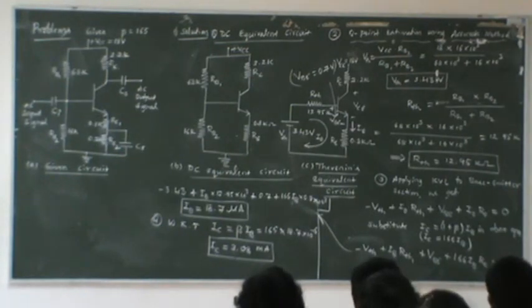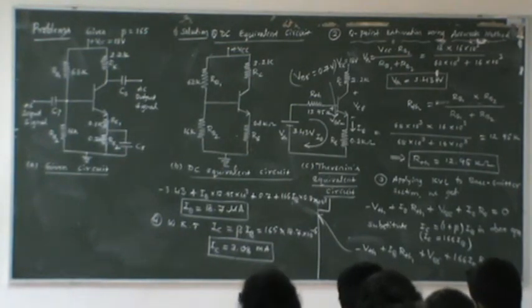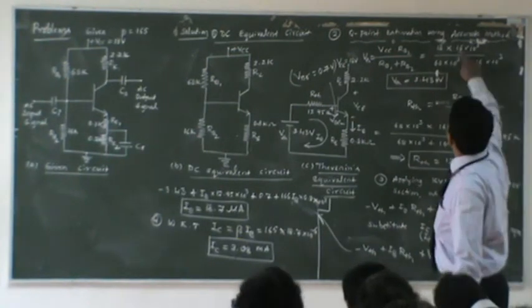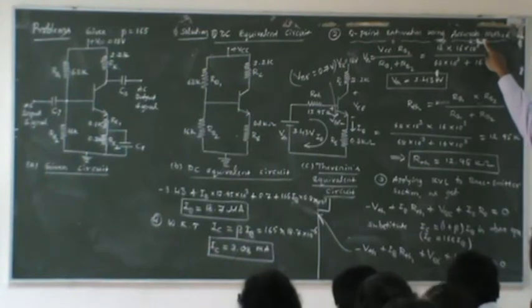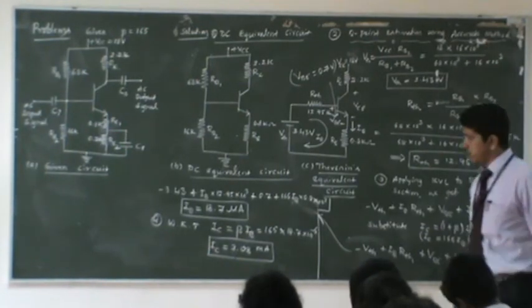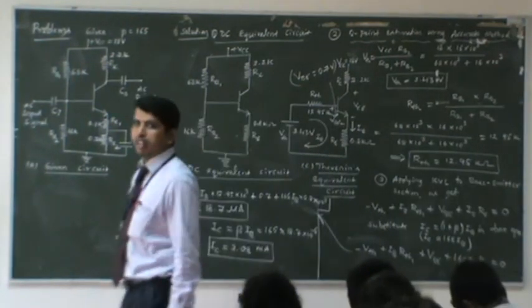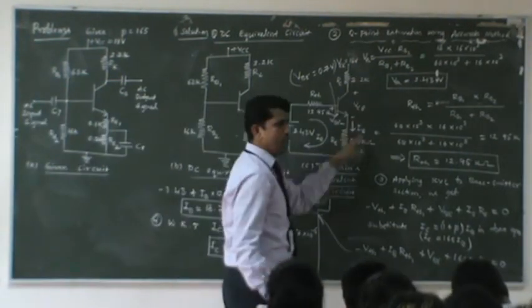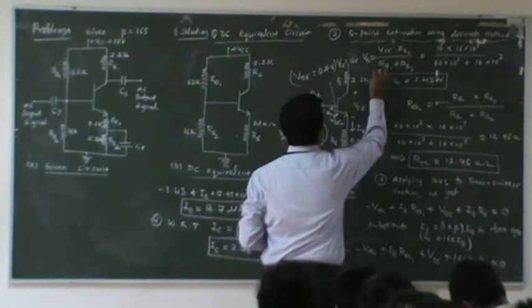Next is VCE. See, all this is nothing but the accurate method we are working out, right? So next, find out VCE. How do you find the VCE? KVL you must apply to the correct elements.